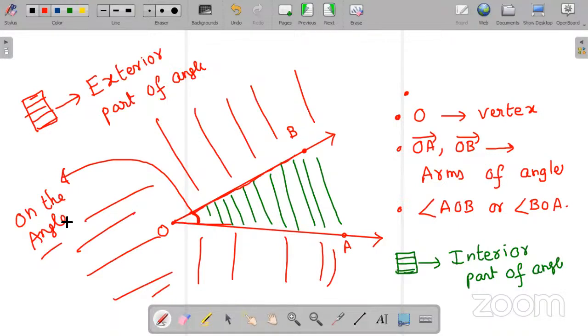So if you consider this a plane, the angle divides the plane into three parts. One part is the interior of the angle, the second part is the exterior of the angle, and the third one is on the angle. Clear? Yes or no? You need to chat.